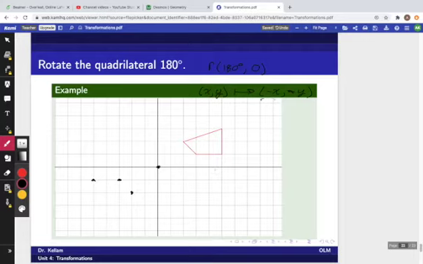And 5, 3 becomes negative 5, negative 3. Which, again, gives us this shape.